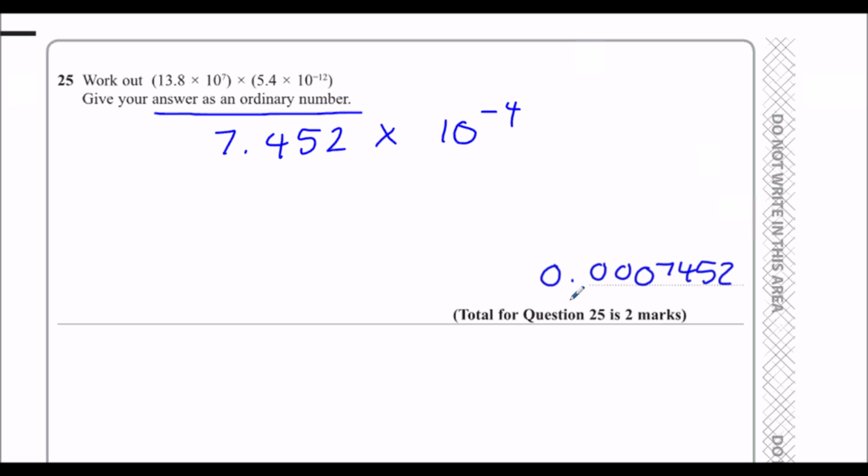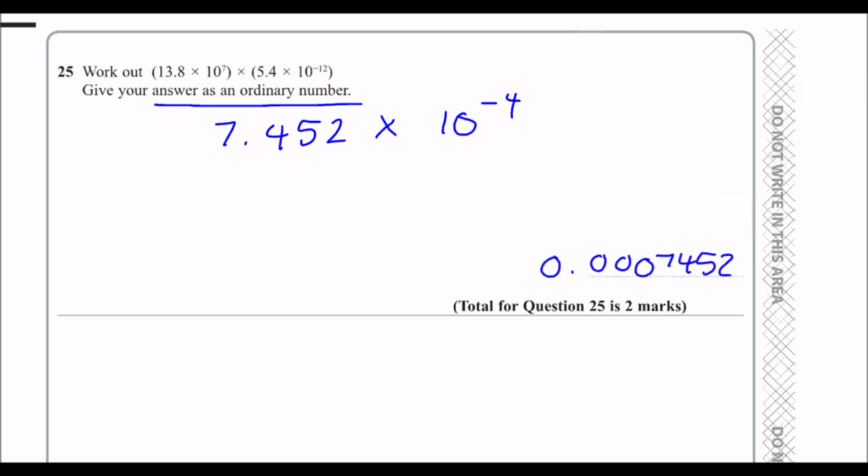Another way to check, type 0.0007452 into the calculator, press equals, and it should give you the answer back in standard form. So 7.452 times 10 to the power of minus 4, and we know we've done it right.